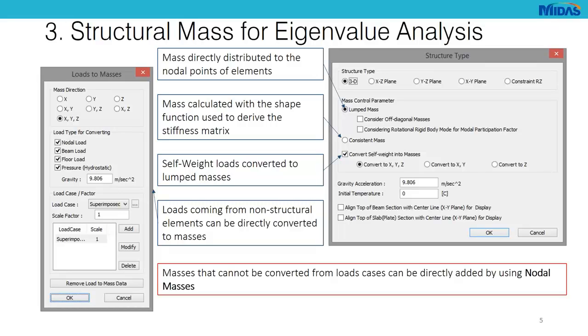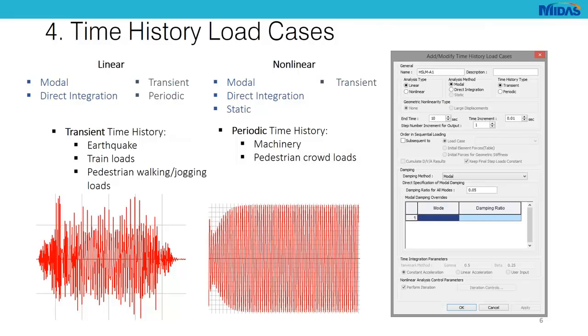Now, after setting up the eigenvalue analysis and adding the masses, we can continue with defining the time history load cases. Within one model in MIDAS Civil, we can run several time history load cases considering different train speeds or different types of time history analysis.